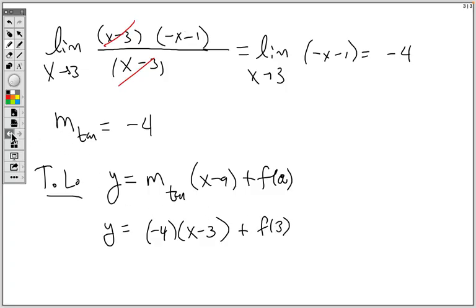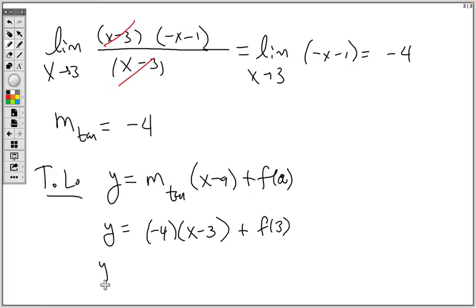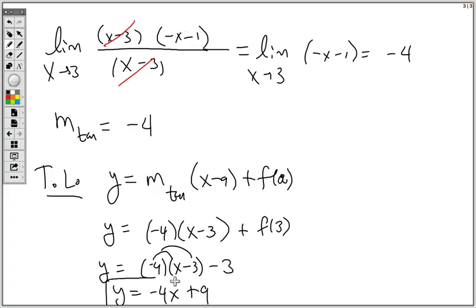And we computed f of 3 is negative 3. So we have minus 4 times x minus 3 minus 3. So that would give us a minus 4x plus a 12 minus a 3. That'd be plus 9.